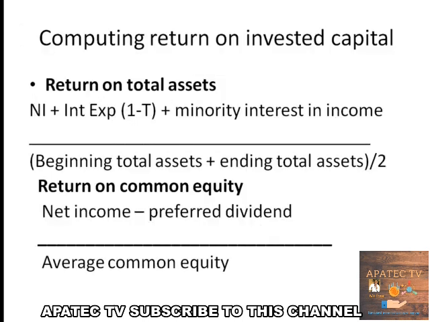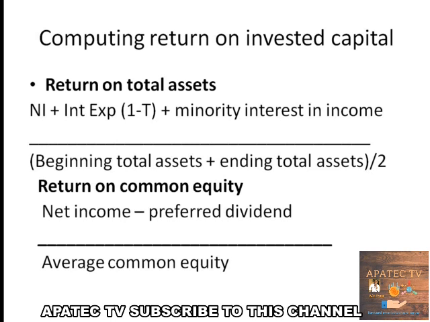This is the formula for computing return on invested capital. Return on total assets is net income plus interest expense, excluding tax and dividends, plus minority interest in income, divided by the beginning total assets plus ending total assets, divided by 2.